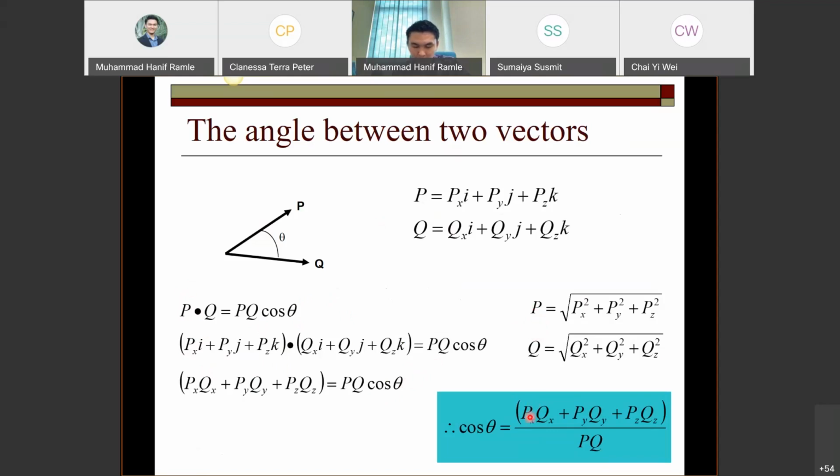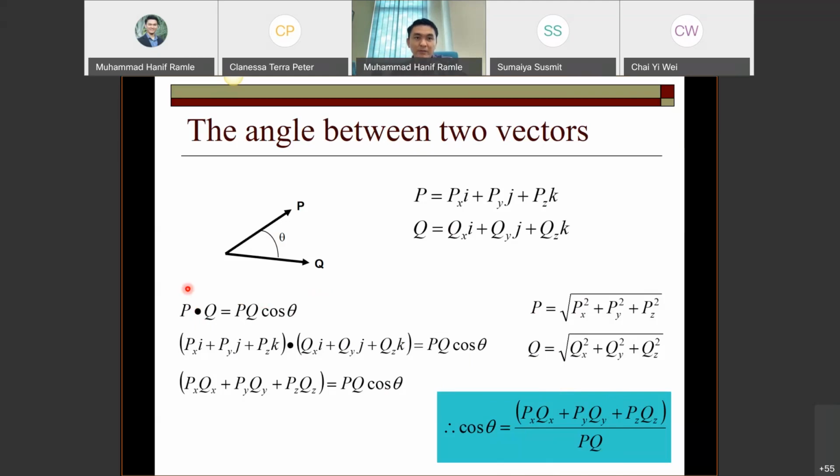And of course, after rearrangement, you will get the final equation for theta. Basically, I don't want to remember this formula. Basically, I will use this formula, P dot Q equals PQ cos theta.